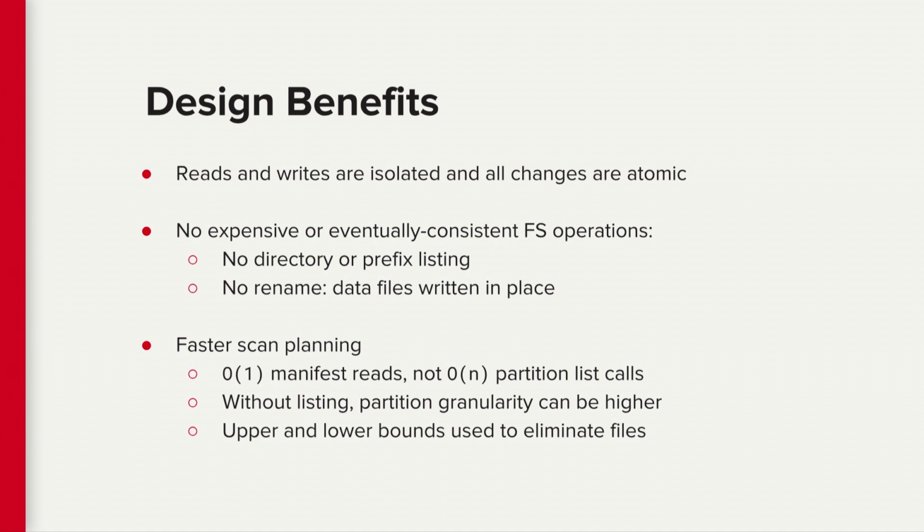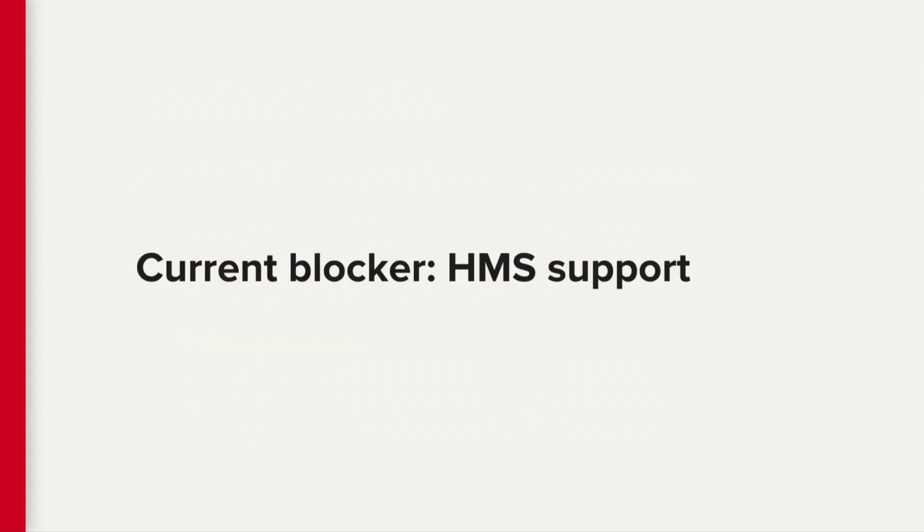So all of our expensive operations and eventually consistent operations are eliminated. And we also have way faster scan planning, which I think was clear from the performance section. We can scan 10 manifest files and look for the matching files that we want way faster than we can list 100 directories. All right.